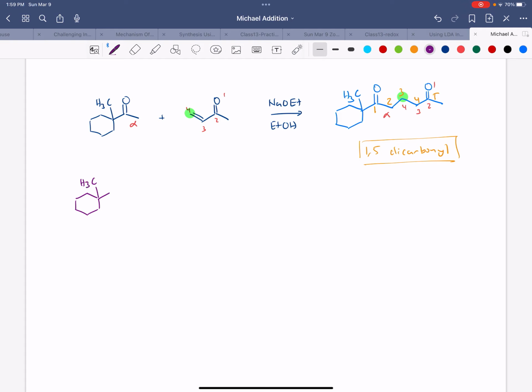I only want us to use one alpha carbon, and it's the one on the right. We have base, and here's your first arrow, second arrow, third arrow. So yes, this is part of the enolate chapter. We are making an enolate.